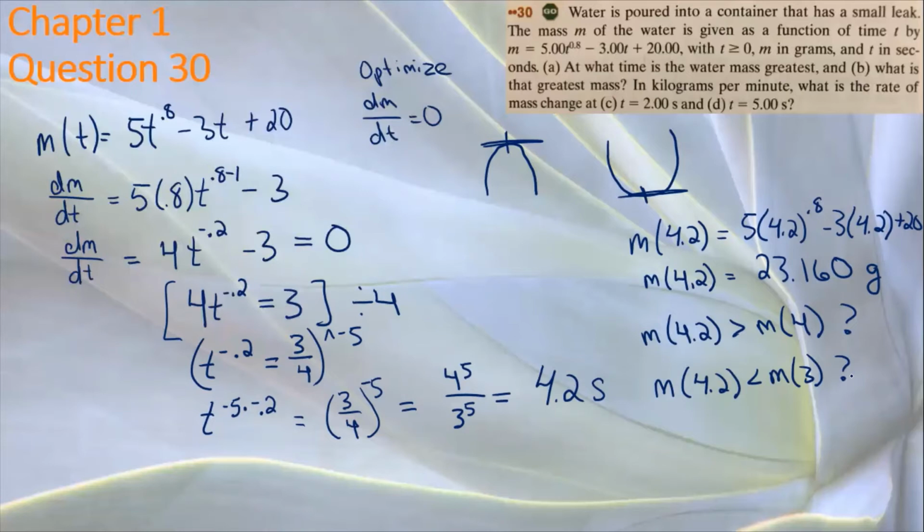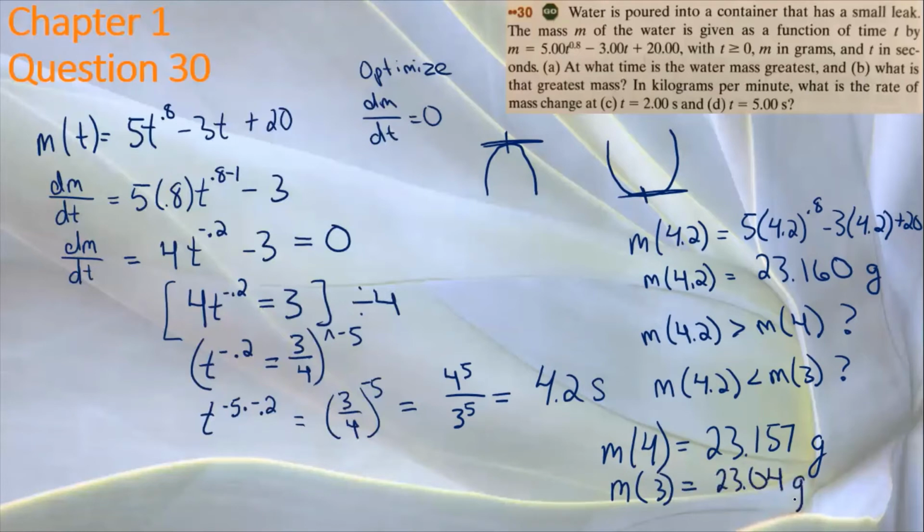So plugging t equals 4 into our mass equation, we'll see that we get 23.15 grams. And solving for t equals 3 is equal to 23.04 grams. And so both of these statements hold true.